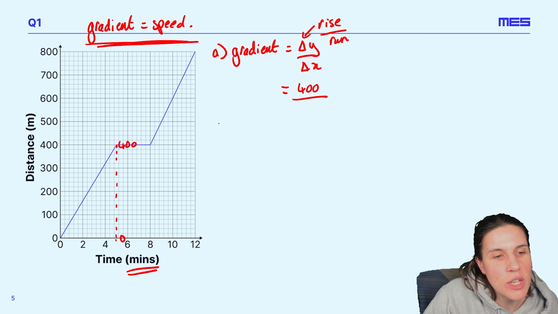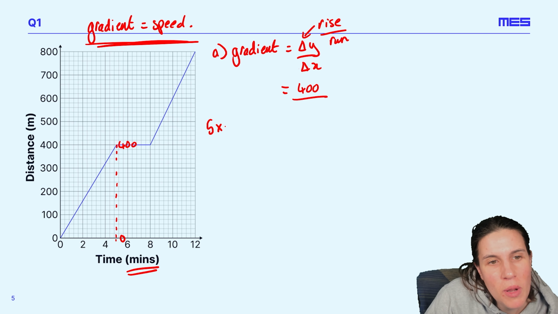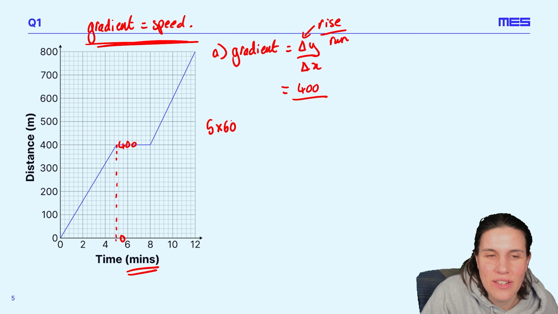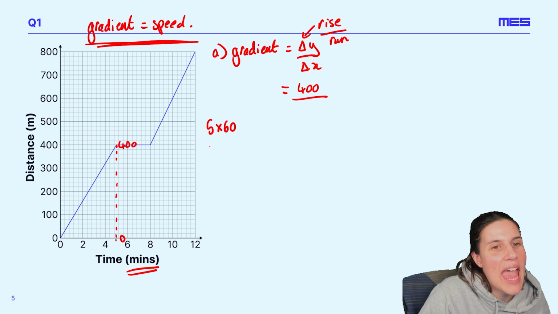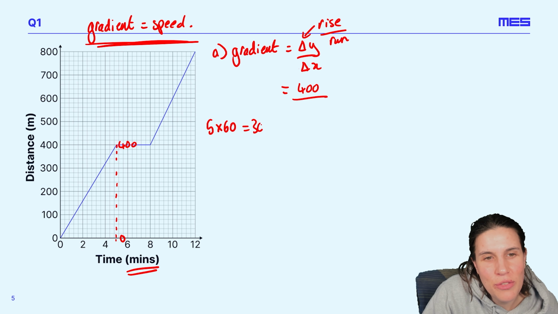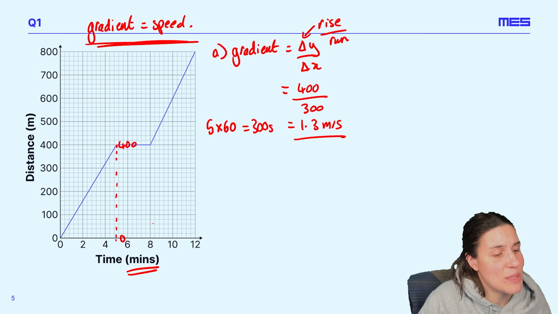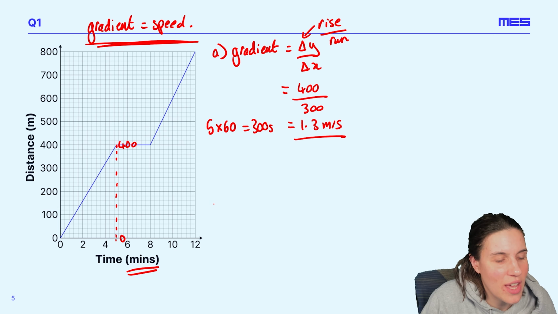So what I'm going to do is take my 5 minutes and multiply it by 60 to find 5 minutes as seconds, because remember there are 60 seconds in every minute. So that's going to give me 300 seconds. So I'm going to do 400 divided by 300, which would give me an answer of 1.3 meters per second. So that's the speed in the first 5 minutes.